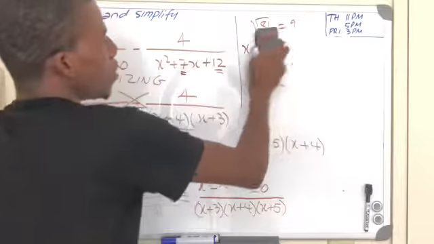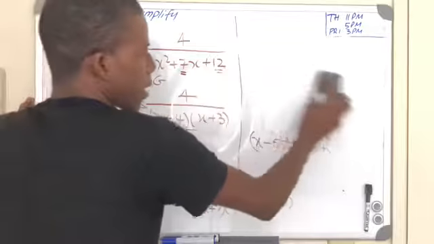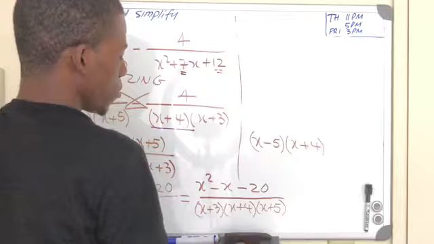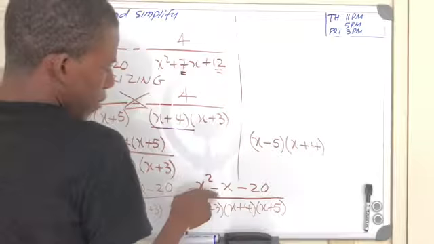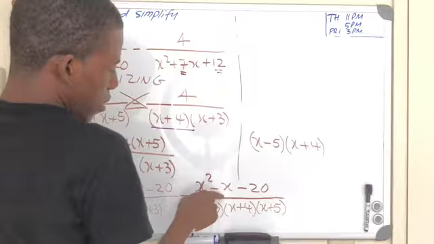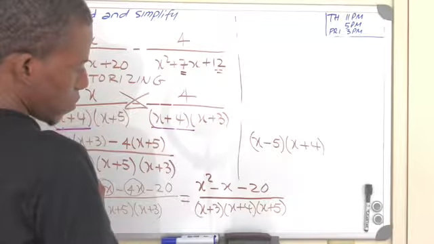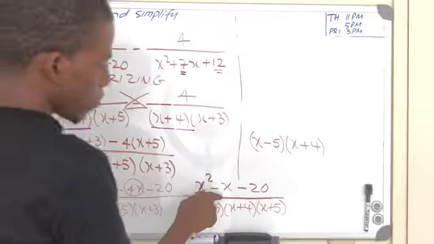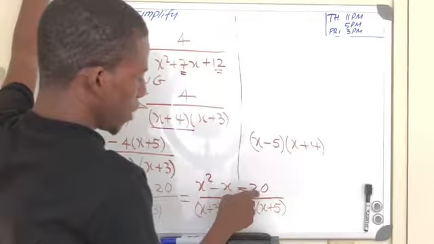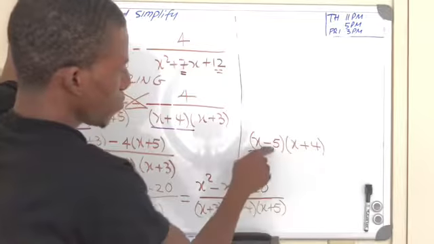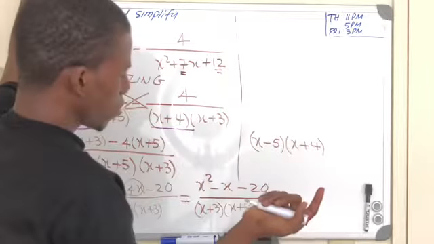This rule is for every trinomial. But the simplified way is, if there are two numbers I can multiply that give me 20, and add that give me minus 1, I can say, oh, minus 5 plus 4.